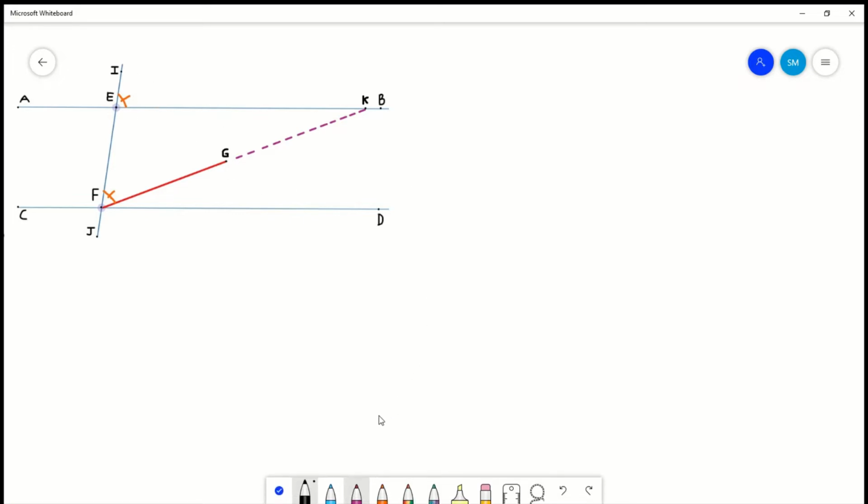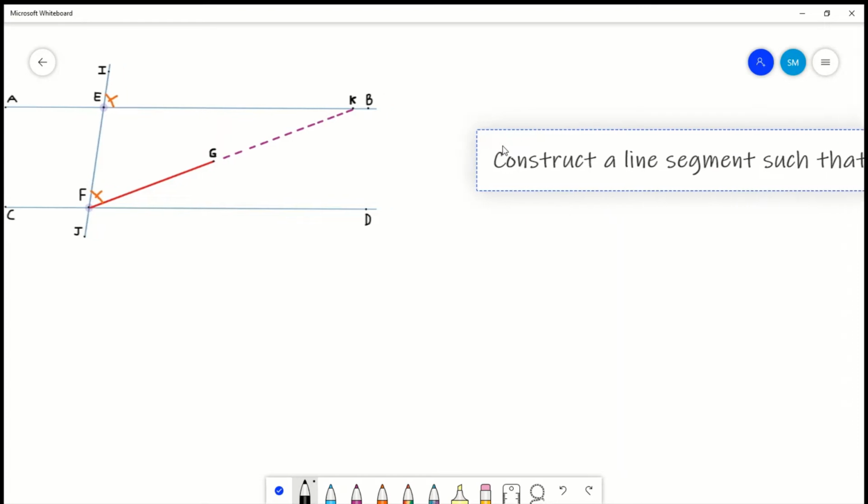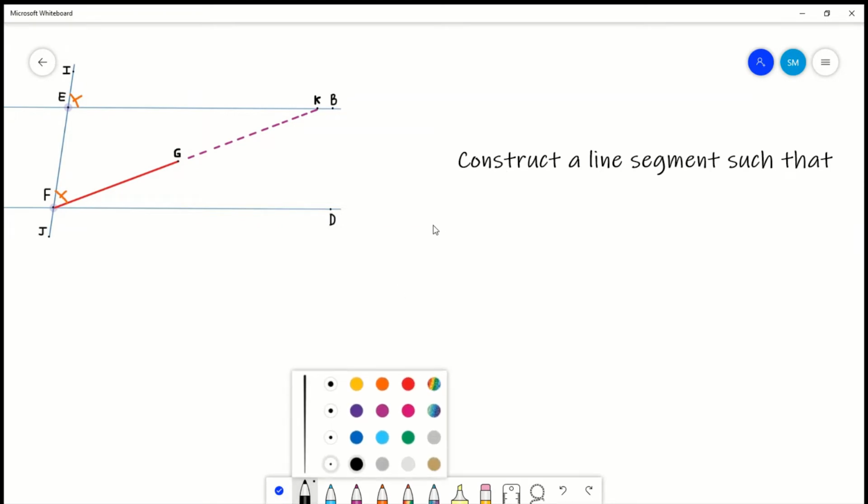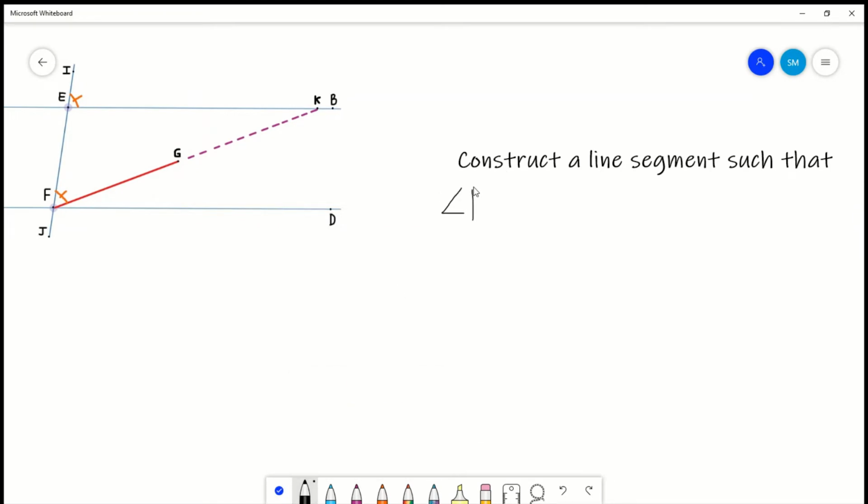So I'll write it down here. A line segment such that angle EFG is equal to angle IEB.